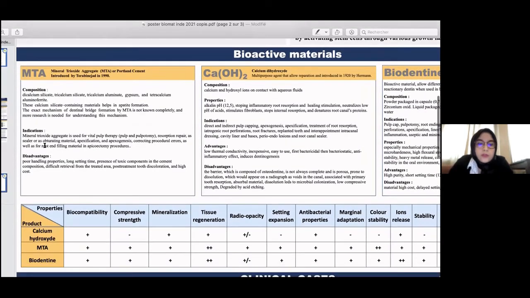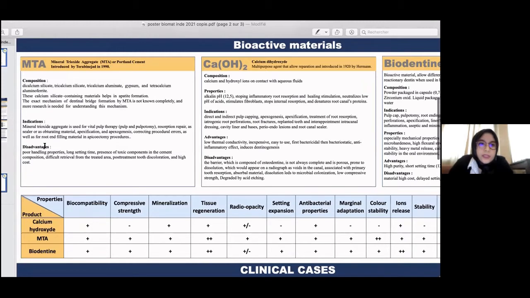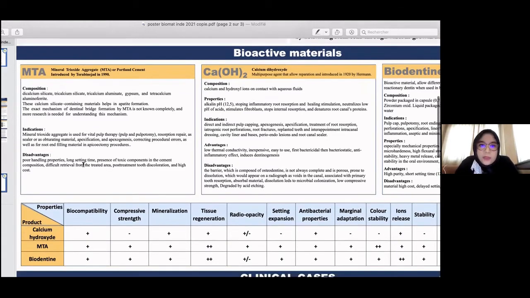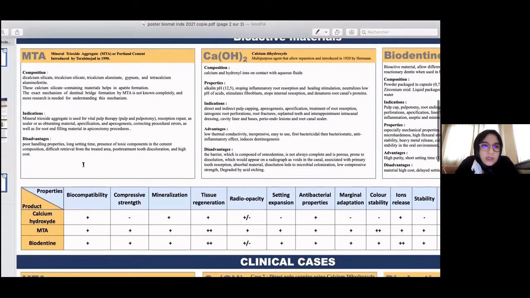The first one is MTA. MTA is mineral trioxide aggregate, commonly called Portland cement. It was introduced by Torabinejad in the early 90s. It is composed of dicalcium silicate, tricalcium silicate, tricalcium aluminate, gypsum, and tetracalcium aluminoferrite.